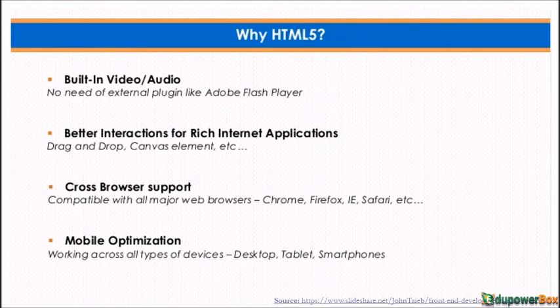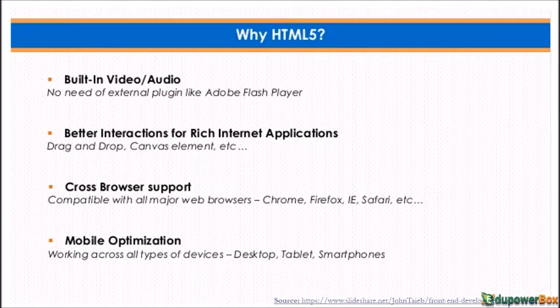HTML5 has built-in video and audio tags. Unlike HTML4, which doesn't have an audio tag, there is no need for external plugins like Adobe Flash or Silverlight. HTML5 ended their era, and not only that, there are better interactions for rich internet applications.